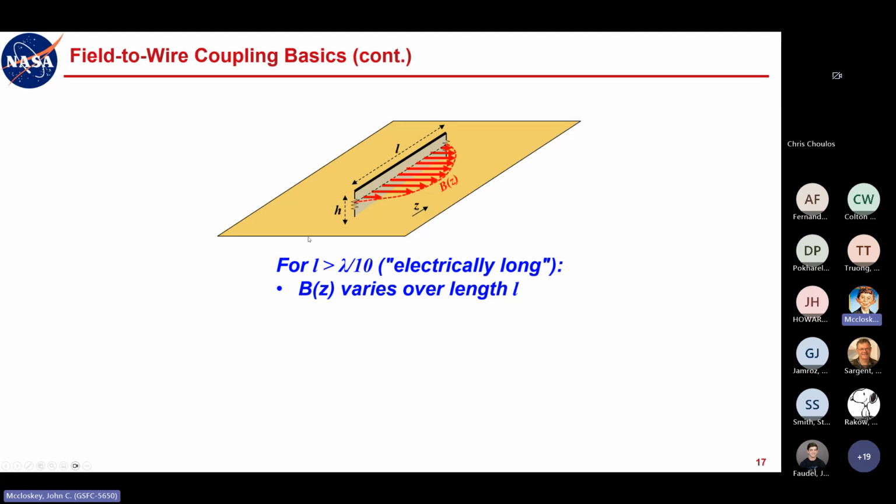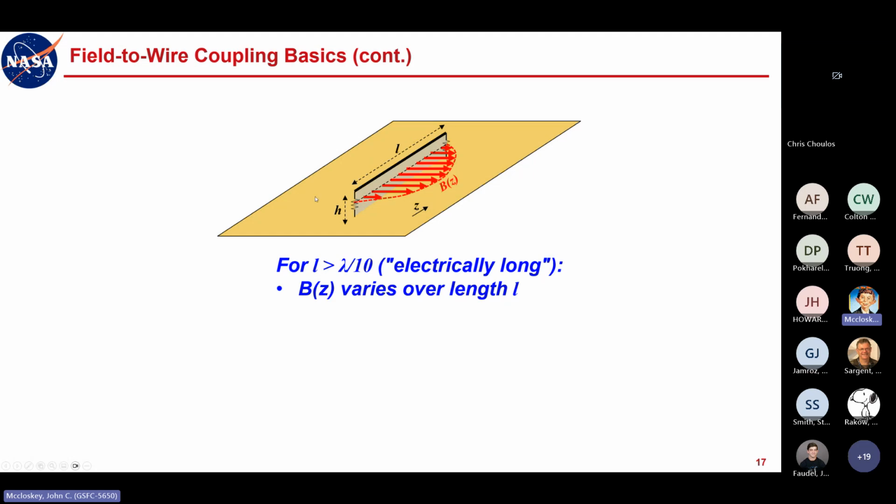If our incident wave is coming in from this direction, it's going to vary sinusoidally along the length. And also, if it's cable-to-cable crosstalk, the B field to first order is going to follow the contour of the current along the length. So when a cable is electrically long, that means the current and the voltage distribution is not constant over the length.